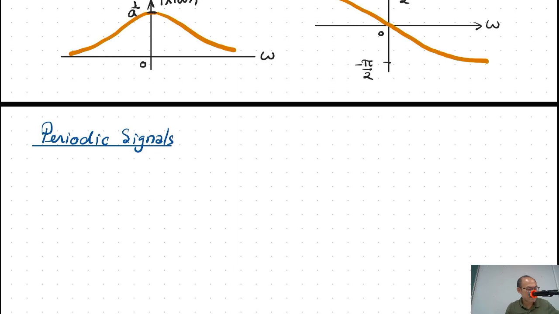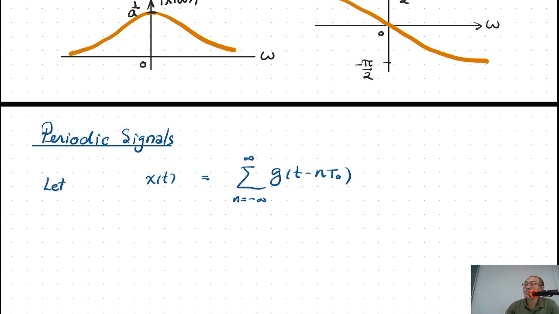So now let's try to find the Fourier transform of periodic signals. If you recall, whenever I talk about periodic signals in homeworks or in exams, I always start with this form. Do you remember this form? G is a generating signal, right?